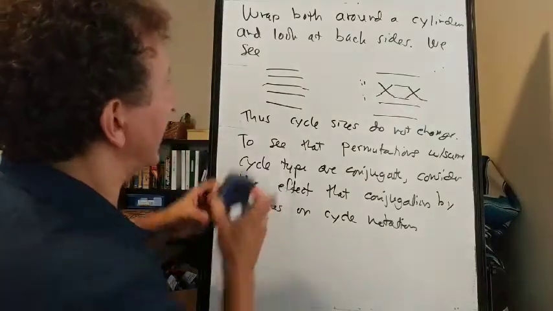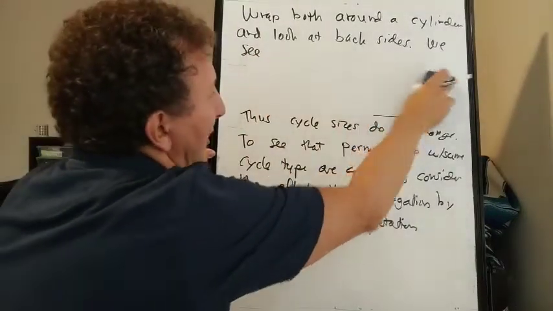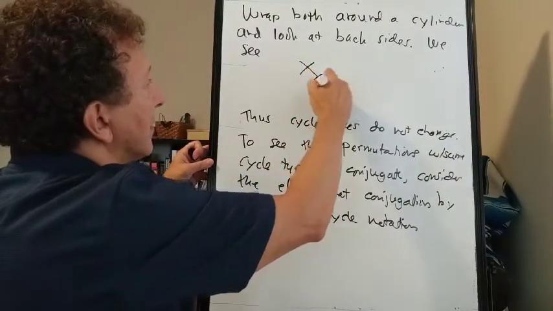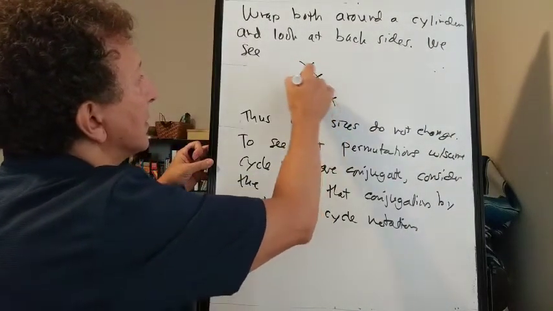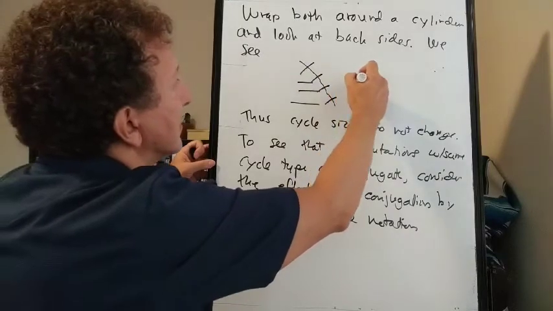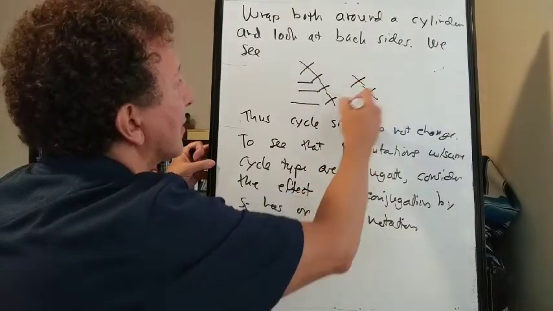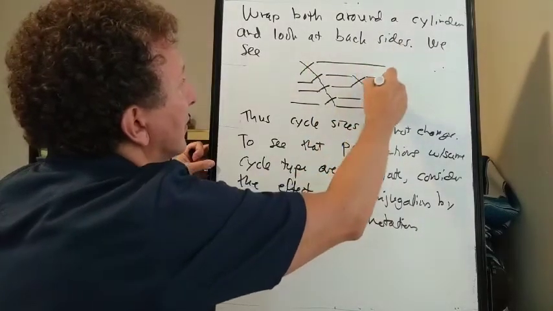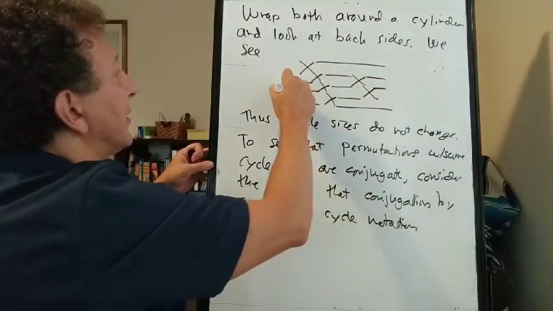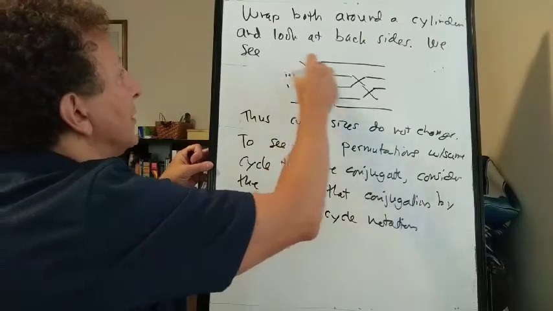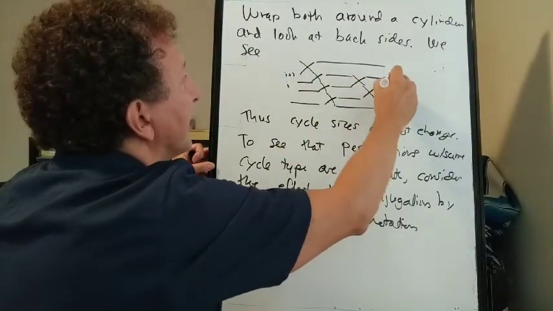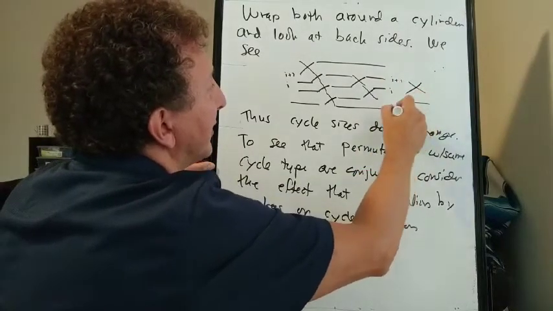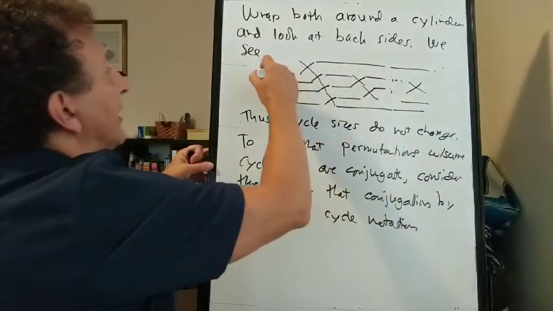So maybe it'd be easier to have a sort of a general looking wiring diagram here. Something like this, and here's I and I plus 1, I and I plus 1, and then we've got this extra x there and an extra x here.